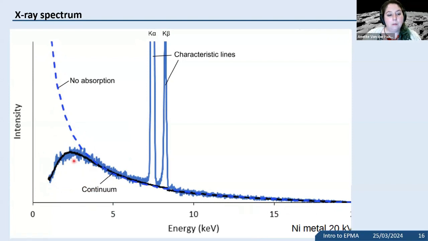And so this overall shape of the spectrum is coming from the continuum X-rays, or the Bremsstrahlung, and sitting on this are our characteristic X-ray lines. And again, usually if we have K alpha, we might have K beta. And we might have L alpha as well, which would be here at the low energy end.